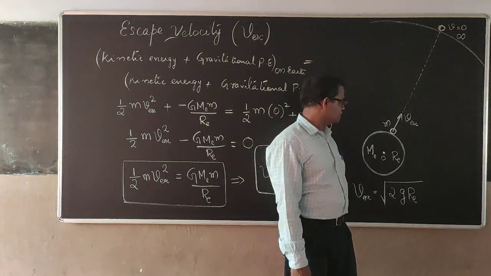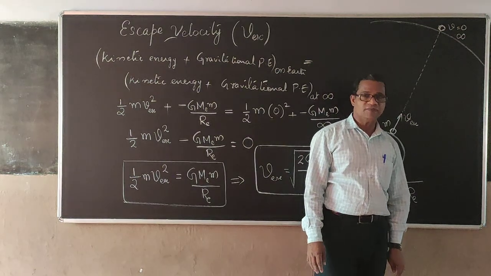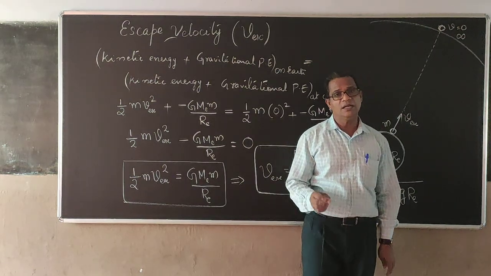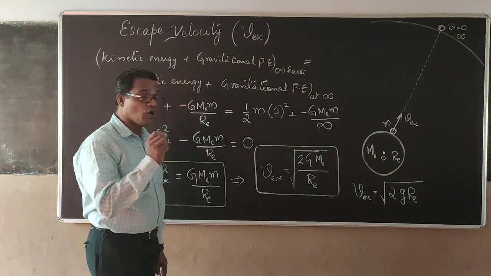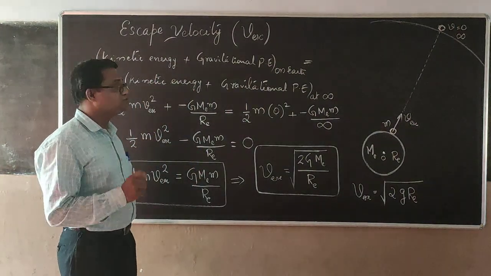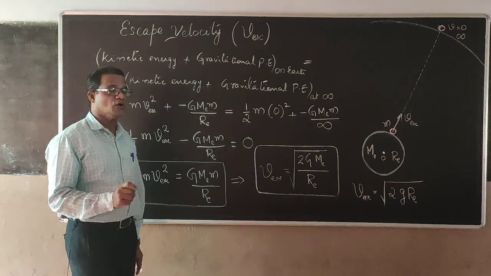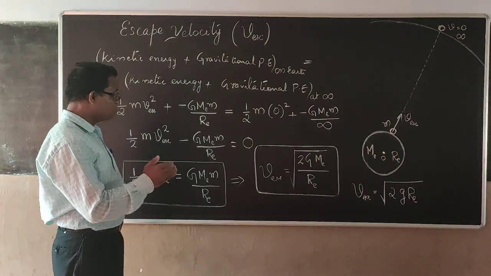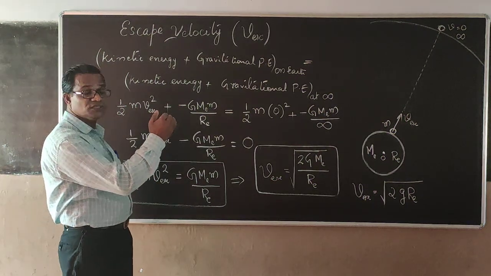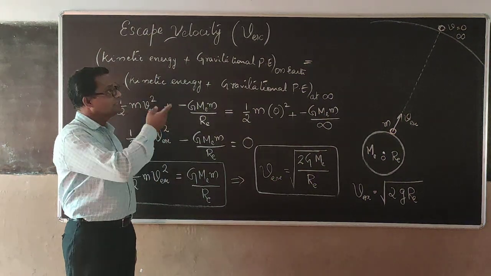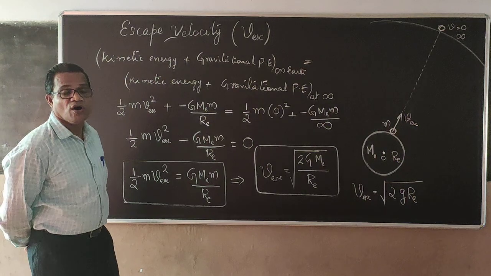That is very important. So that is why the definition says it is the particular minimum velocity. Particular minimum velocity with which the body must be projected so that it may just go out of the gravitational attraction of the planet.